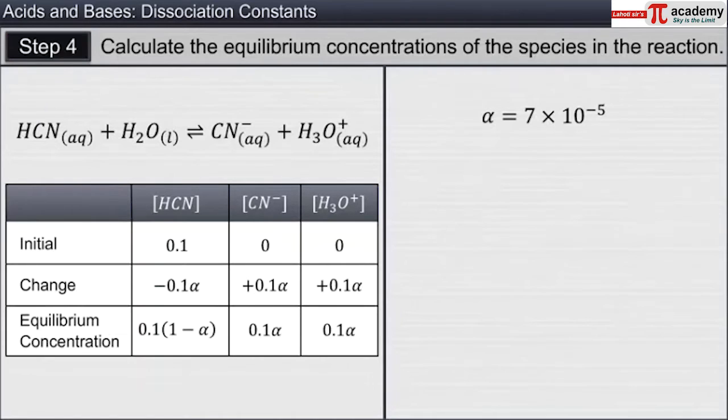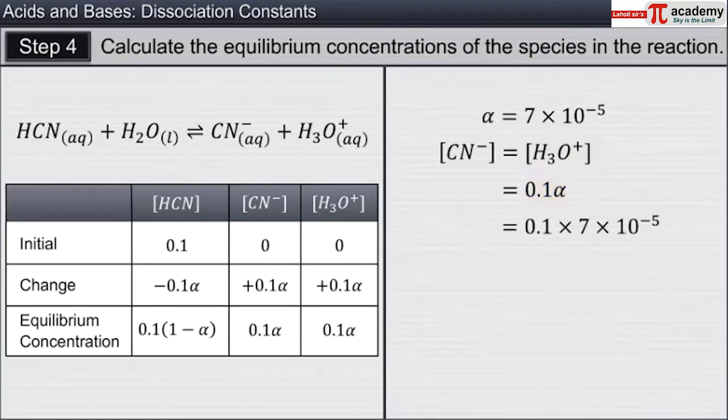In the fourth step, calculate the equilibrium concentrations of the species in the reaction. As alpha is known, the equilibrium concentrations can be easily calculated. Thus, the equilibrium concentration of cyanide ion, which is equal to the equilibrium concentration of hydronium ion, is equal to 0.1 alpha, which can be written as 0.1 multiplied by 7 multiplied by 10 raised to the power minus 5.